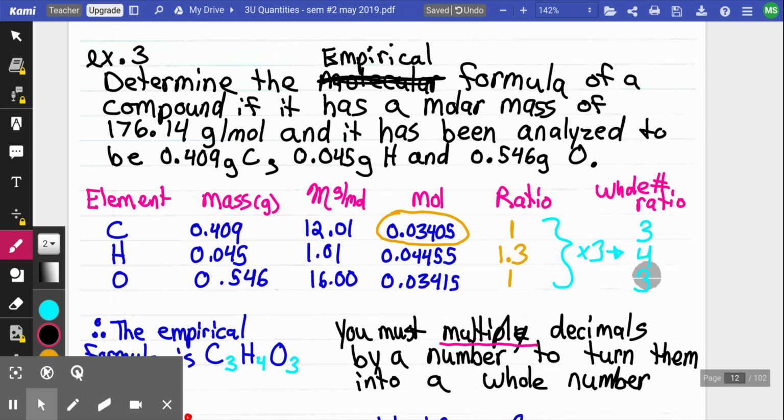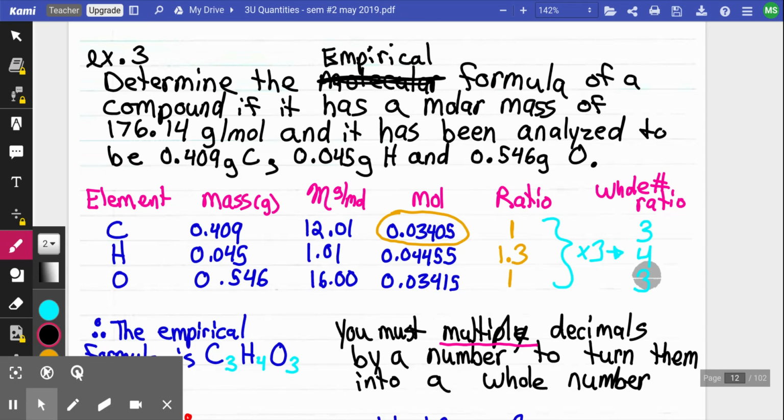Now, we don't have to assume 100 grams here because we already have our mass data in grams. So I've set up my table, and I've gotten to the point where I have solved for my ratio. The problem is my ratio has a decimal, and I cannot have an empirical formula that has a decimal because I cannot have 0.3 of an atom.